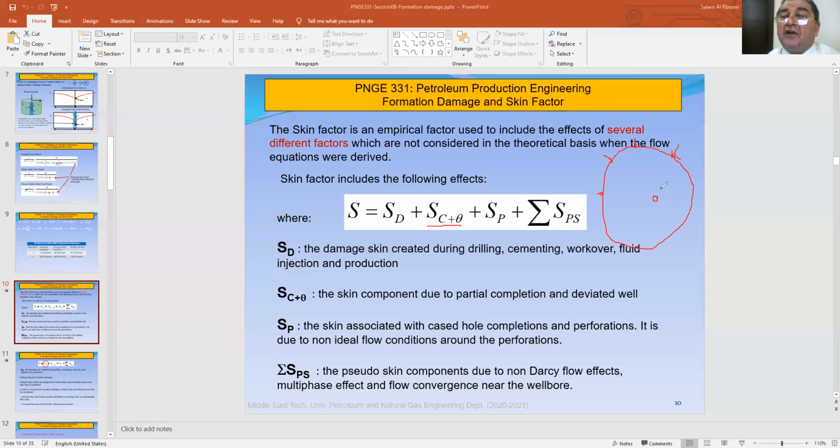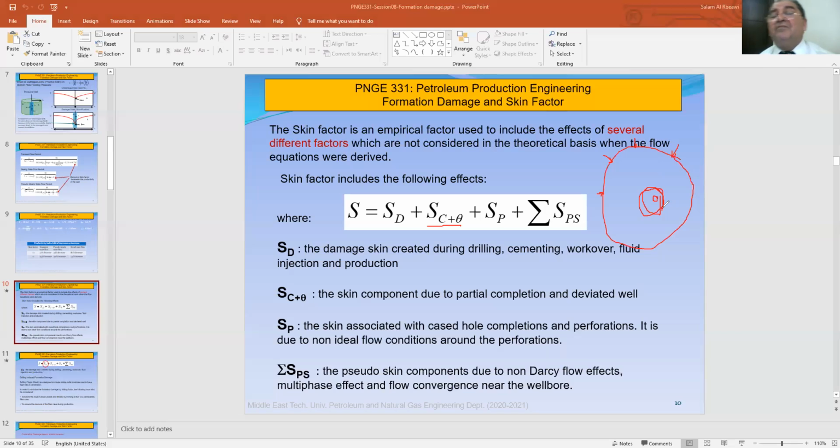But when fluid reaches this point here, the cross-section area will be much less than the cross-section area close to the outer boundaries. So the cross-section area is narrowing more and more. Because of that, the flow streamlines are going to converge.